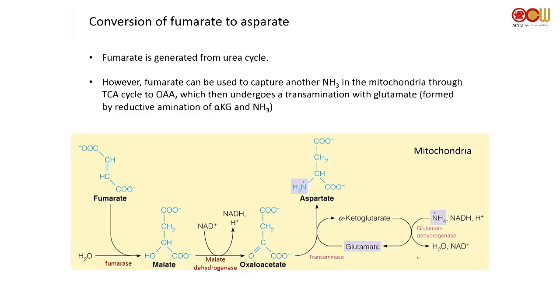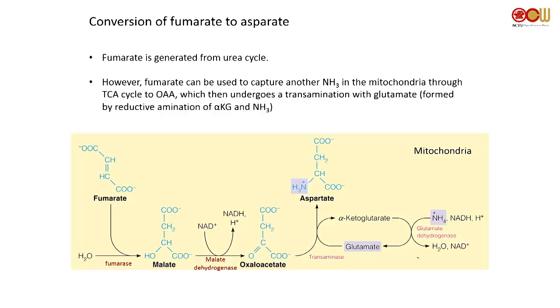Now, the conversion of fumarate to aspartate. We know we generate fumarate. However, fumarate can be used to capture another ammonia in the mitochondria through the TCA cycle to oxaloacetate, which can then undergo a transamination with glutamate.